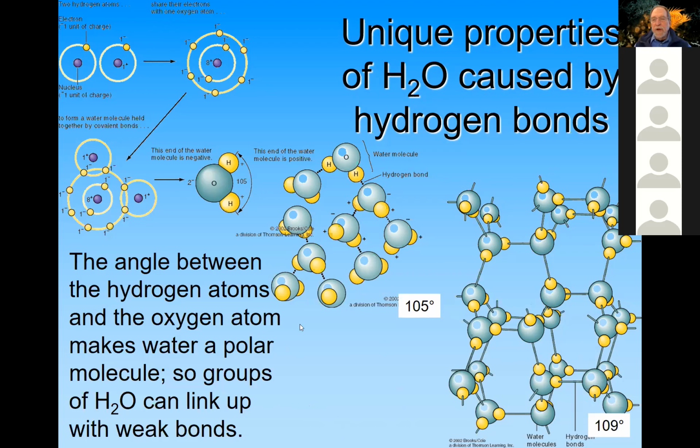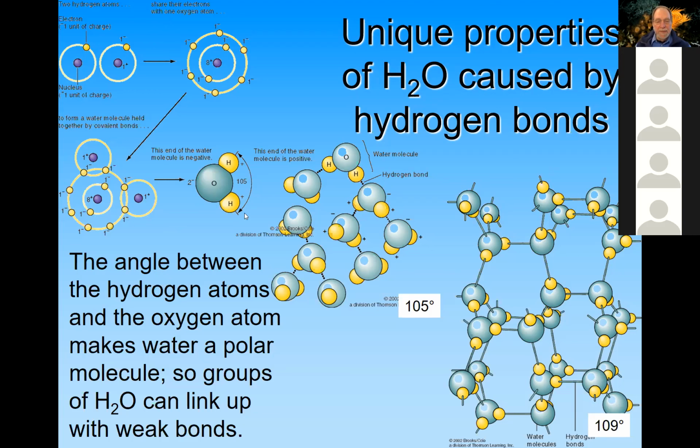A lot of the unique properties of water, or the special properties of the compound water, are caused by the hydrogen bonding and by the way in which the hydrogen and oxygen atoms organize themselves within the water molecule.